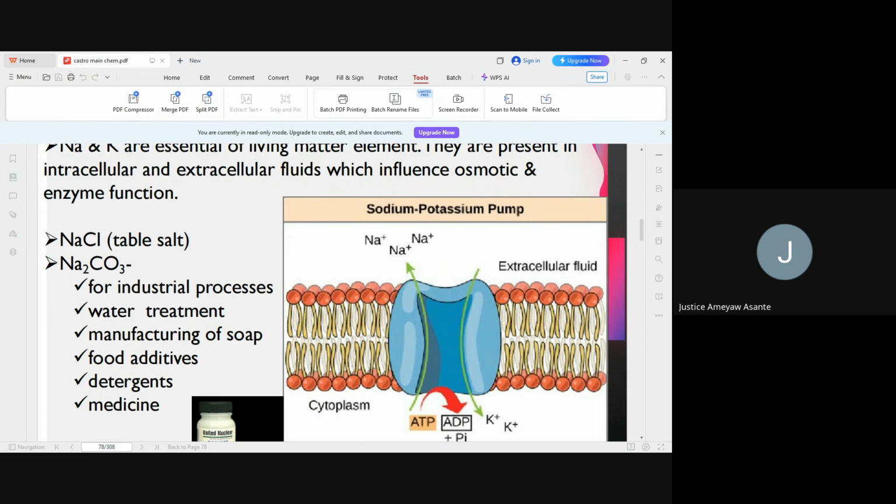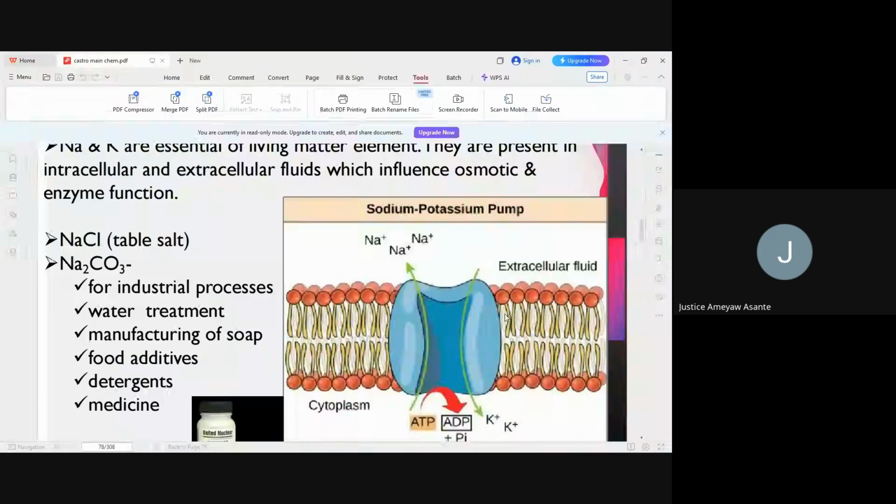What is the source of sodium in a living organism like man? We get our sodium from the common salt that we take, sodium chloride. We can also get sodium into the system from sodium carbonate. A lot of food contains sodium carbonates.